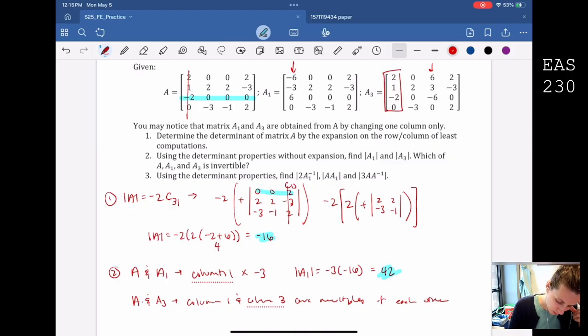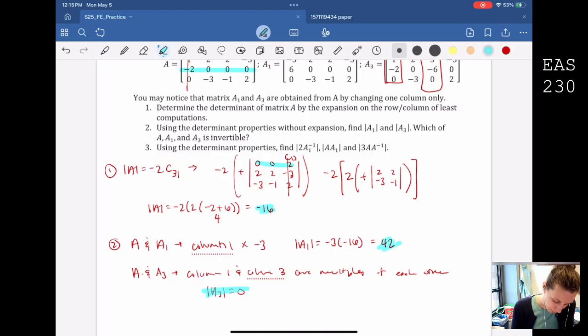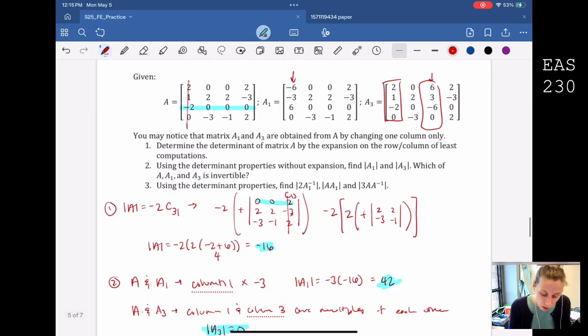So I can see these ones, they're literally the same, where column 3 is just column 1 multiplied by 3. So note, I have 2 columns that are the same. They are identical columns. Therefore, the determinant of A3 is going to be 0. That was one of our properties. If you have identical rows or identical columns, your determinant is equal to 0.